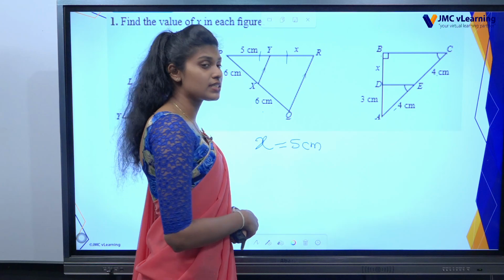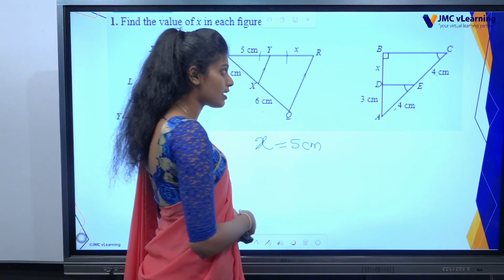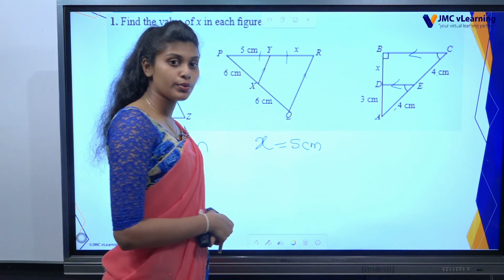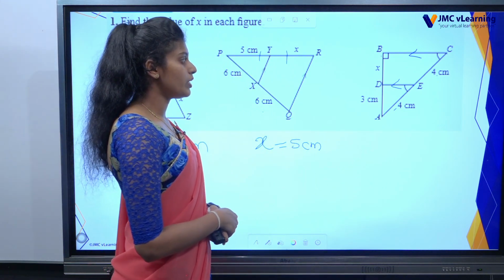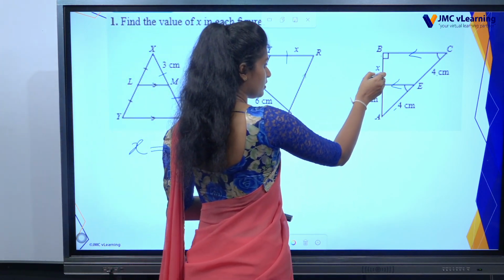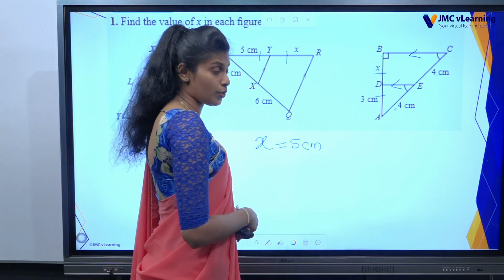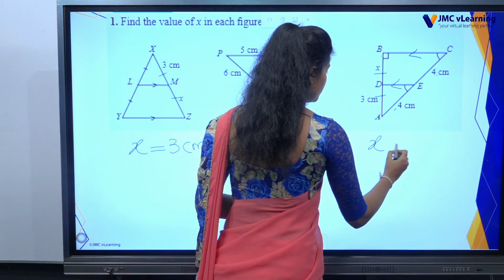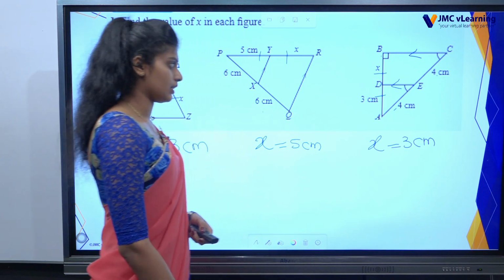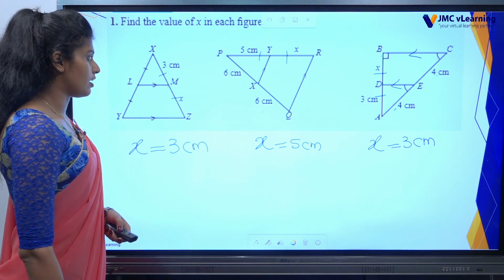When we take them as corresponding angles, we can say that BC and DE lines are parallel to each other. Now we can use the converse theorem here. Then these sides should be equal. Then what is the magnitude of x? It is 3 centimeter. And that's the way to find the answers.